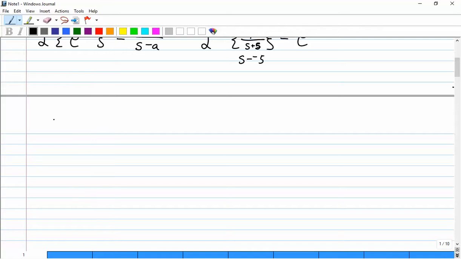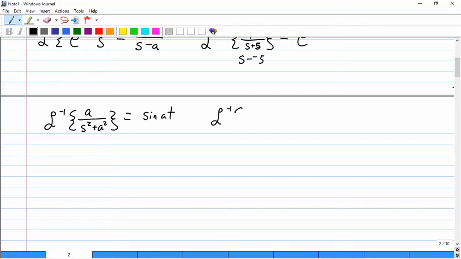So the inverse Laplace transform of a over s squared plus a squared is equal to the sine of at. The inverse Laplace transform of s over s squared plus a squared is equal to the cosine of at.